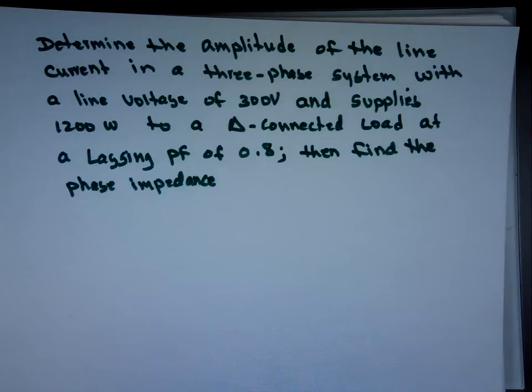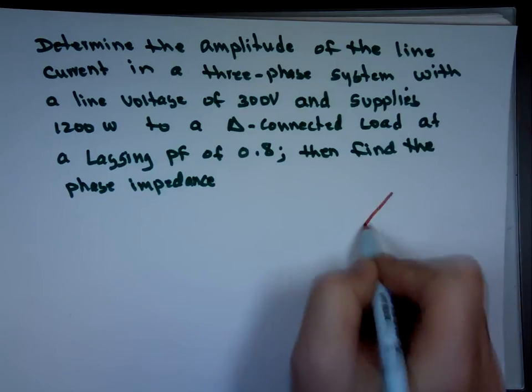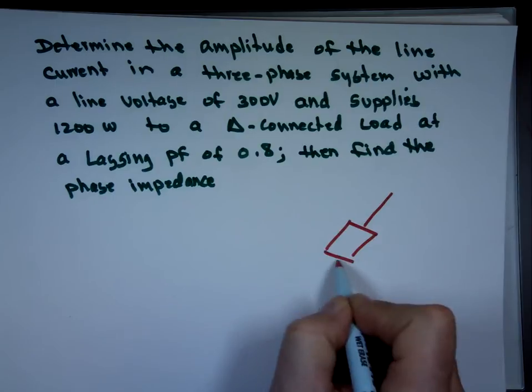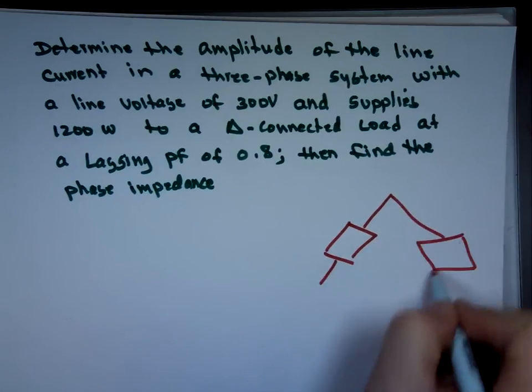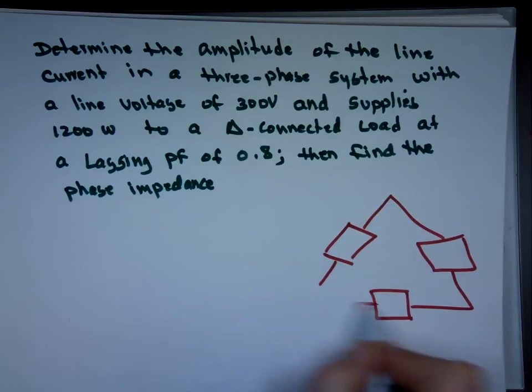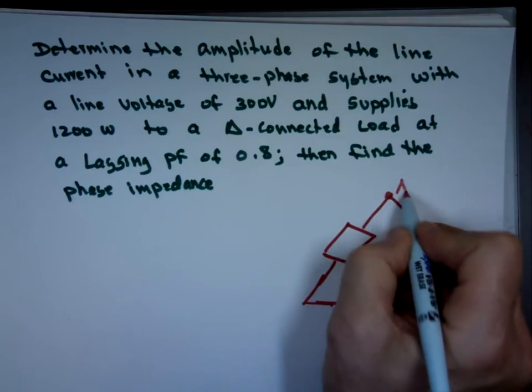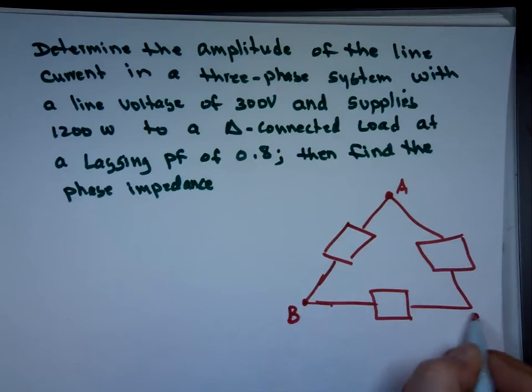What I know is we have a load here. I can draw the load of delta like this. This is A, B, C. We have a line voltage of 300 volts.